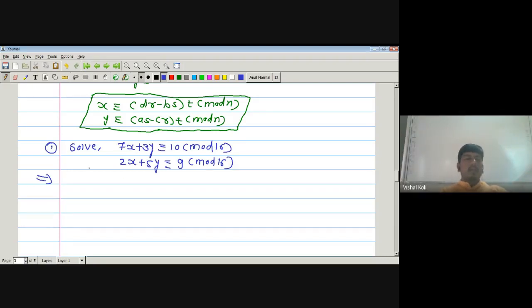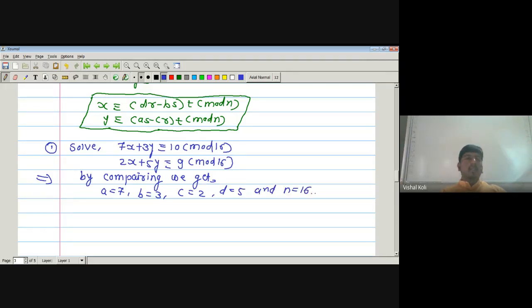So by comparing, we get a is 7, b is equal to 3, c equal to 2 and d is equal to 5, and n is equal to 16.